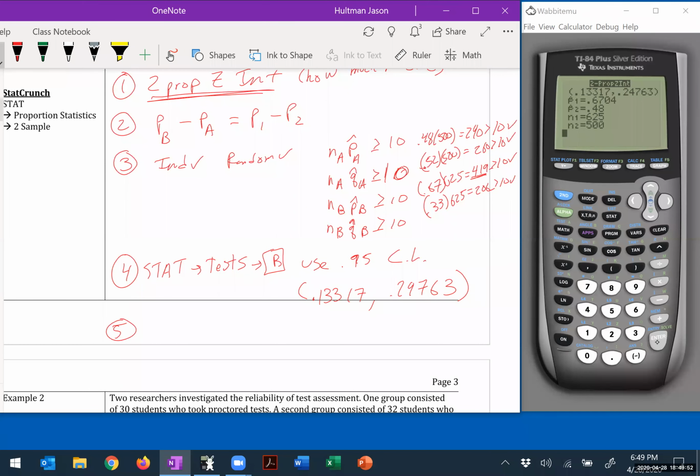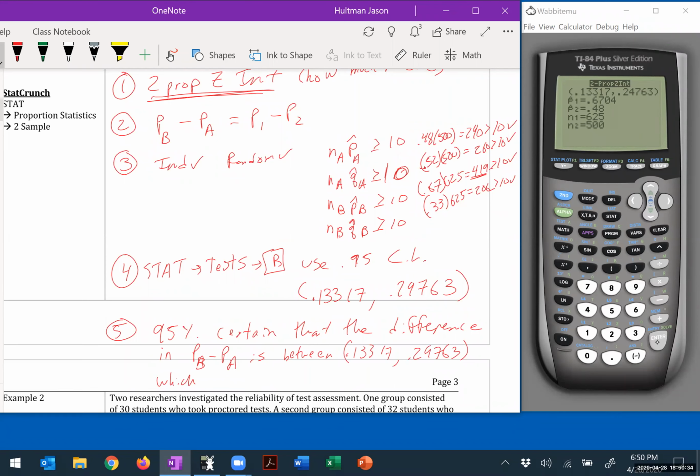My conclusion, because this is a confidence interval, is that I am 95% certain that the difference in PB minus PA, the difference in the proportions of college B minus college A, is between 0.13317 and 0.29763, which tells me what?